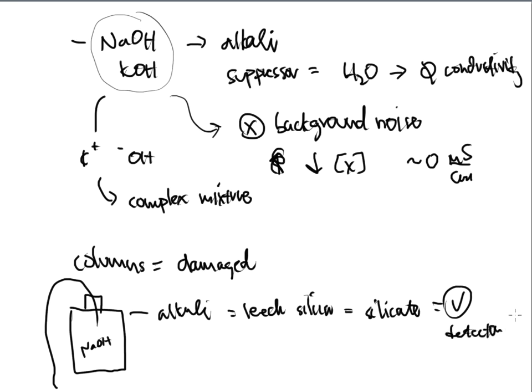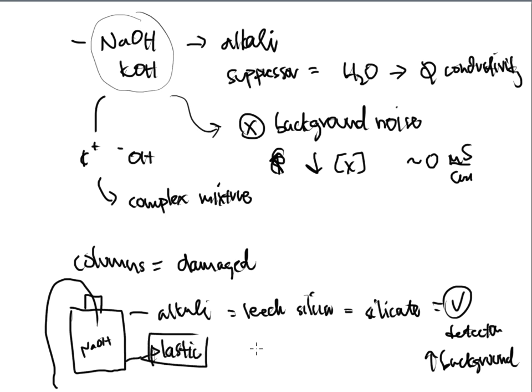It ruins your columns, it ruins the pump, it gets picked up by the detector, you get higher background noise. There are tons of things that happen with the silicate anion that gets leached out of your glassware containers at the top of the instrument. So for that reason, you want to use plastic instead.